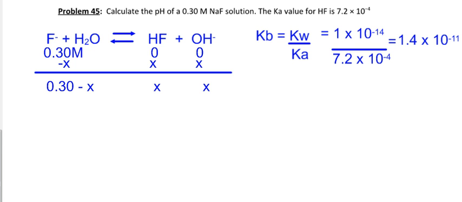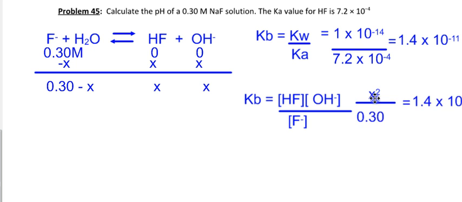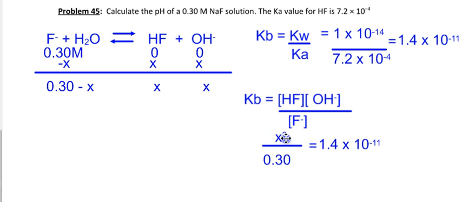All right, so now what? Set up your equation again. Don't be lazy. What does Kb equal? As Brent knows, products over reactants. Okay, and now what? Plug in your values. I'll just put it under here. And solve for x.